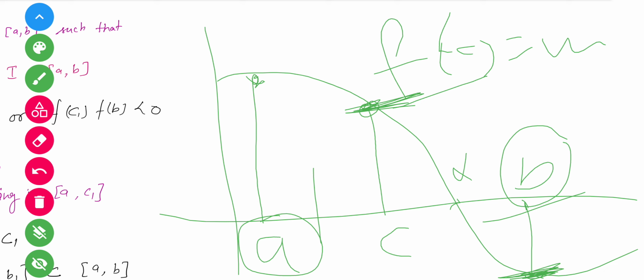Now in the next iteration we are going to replace this A with C and keep B as B. So we are not going to replace B, but we will replace A with C. So the left hand side is replaced, right?